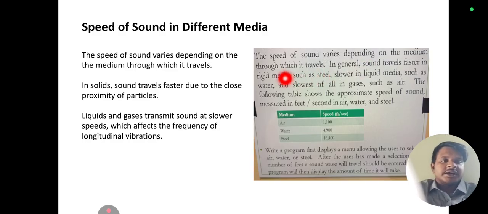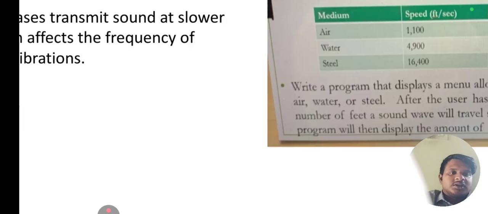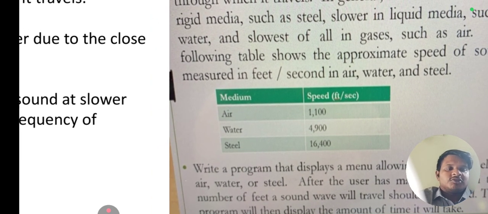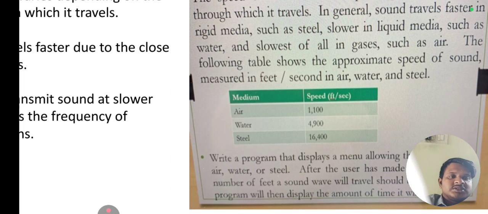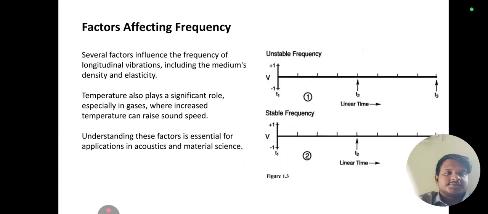Here the speed of sound according to medium: air is 1100, water is 4900, and steel is 16400.